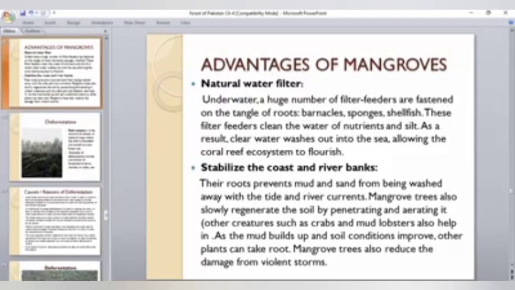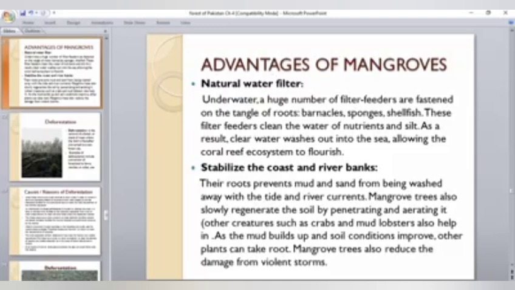These roots prevent mud and sand from being washed away with the tide or river currents. Mangrove trees also slowly generate soil by penetrating and aerating it. As mud builds up, the soil condition improves as well. Other plants can also take root there.